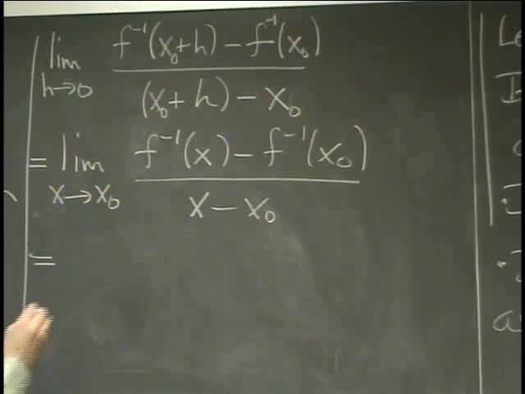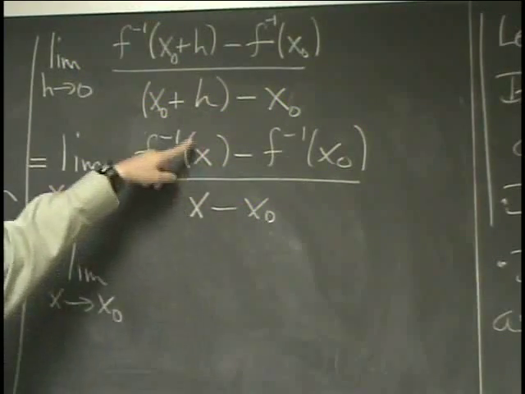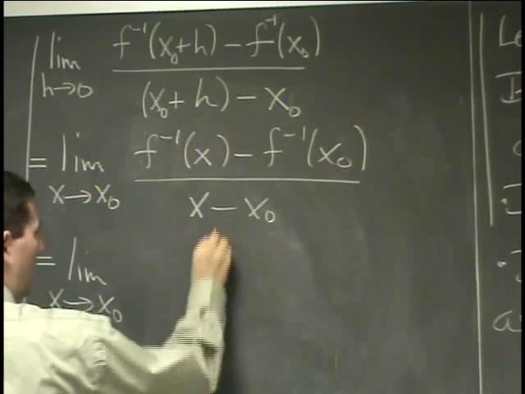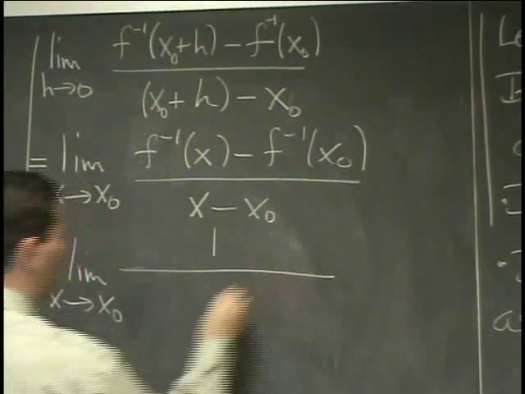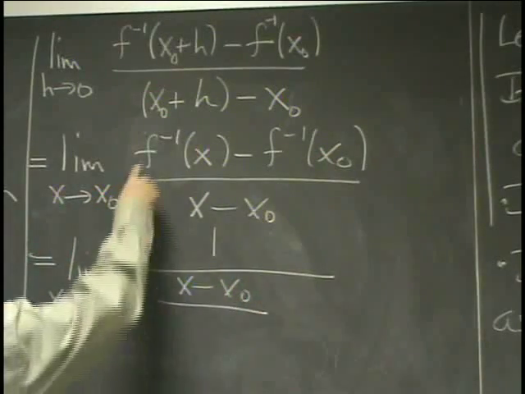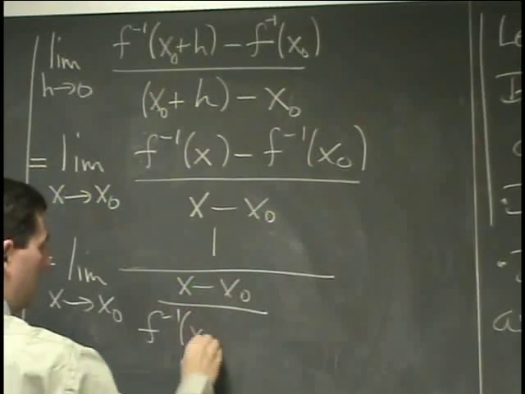Now I play a seemingly idiotic trick. I'm going to divide the top and bottom of this function by the numerator, which is going to give me a 1 over, well, this is x minus x0 still, divided by this, the formerly numerator, now denominator.